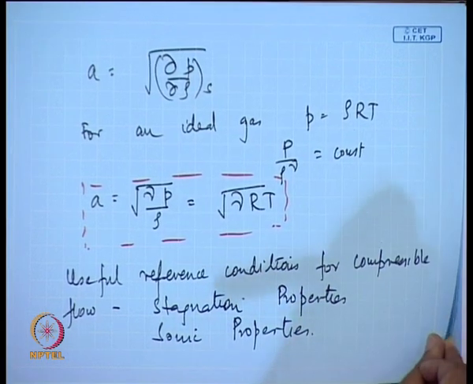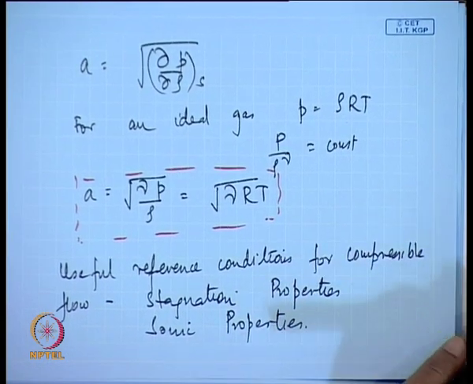Now, let us define them first. Stagnation itself means that somewhere the fluid should be at rest, and the properties under those conditions. But remember, how the fluid has been brought to rest, that path is also important. For compressible flows, the path is very important. So, when the fluid is brought isentropically to rest conditions, the properties the fluid has under those rest conditions are referred to as the stagnation properties.